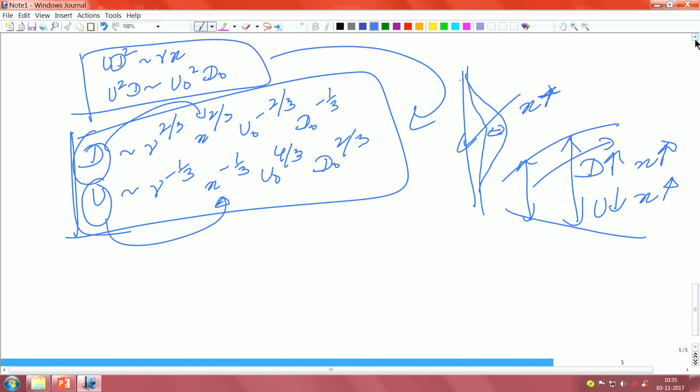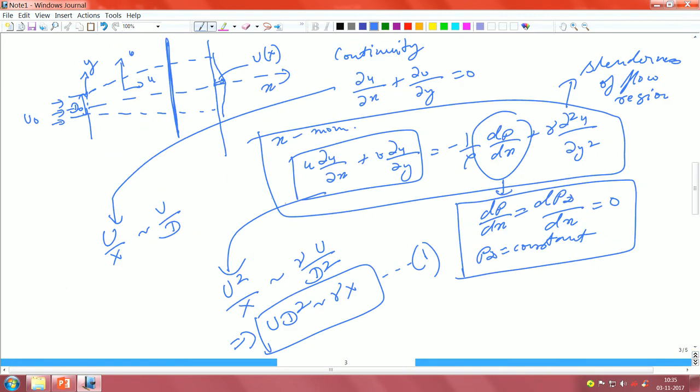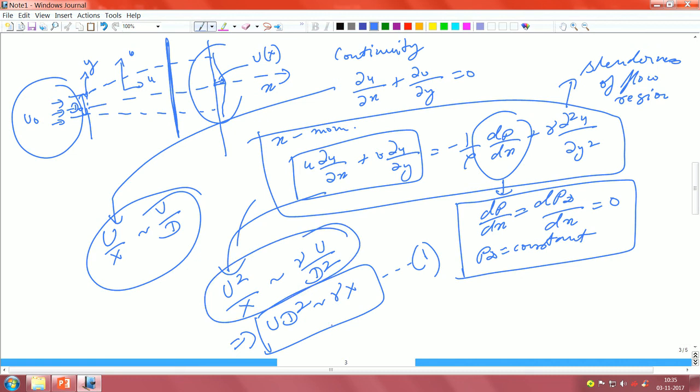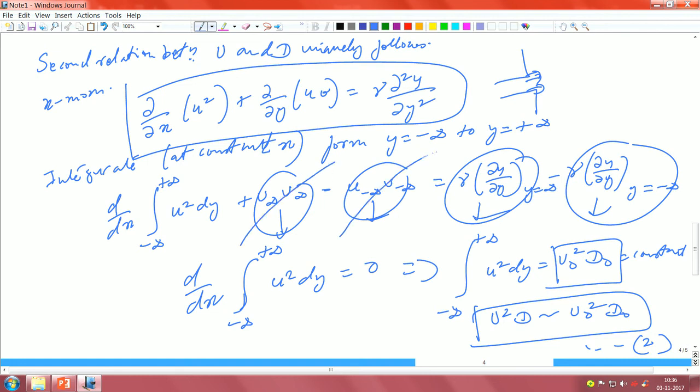Just to recap, this was the way we solved the problem: the jet is a constant momentum source, that was the argument we put forward, and this was the profile of the jet, very simple. From continuity you get this, from momentum you get this. We needed one more equation connecting u and d because there were two unknowns. So we applied an integral formulation to the conservative form of the momentum equation, and cancelled most of the terms because of the far field nature.